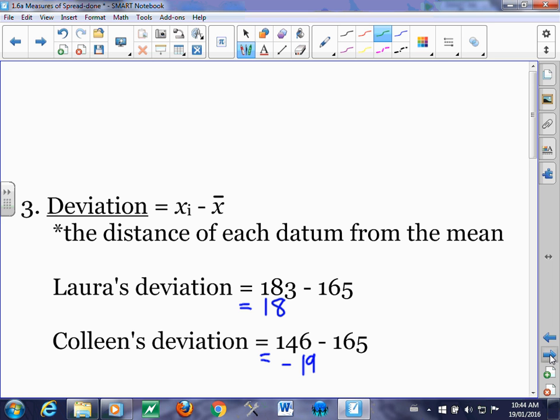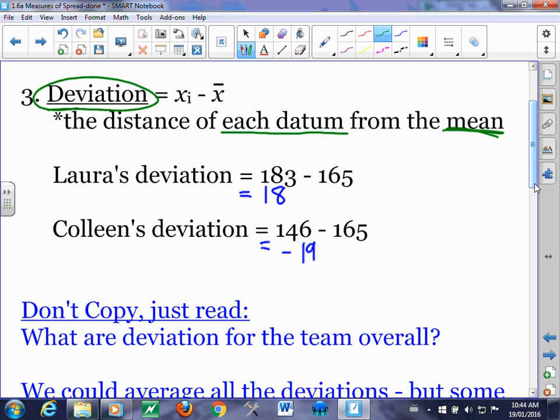Okay, so deviation, folks, is a subset of standard deviation, and it says how far is each data point from the mean. So we take a look at Laura. Laura was 183. You subtract the mean, so 18. That's what we got, 18 centimeters taller. Whereas Colleen was pretty short. She's 19 centimeters less.